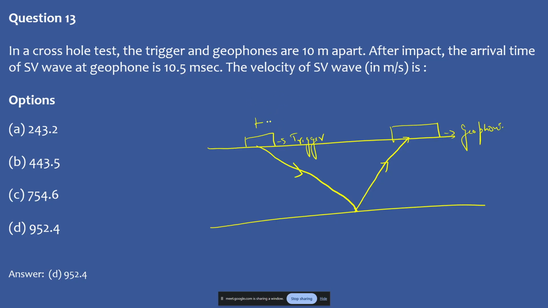Now here we are talking about the velocity. We know it's the shortest distance between your trigger and the geophone, which is D. Velocity can be calculated by displacement upon time.